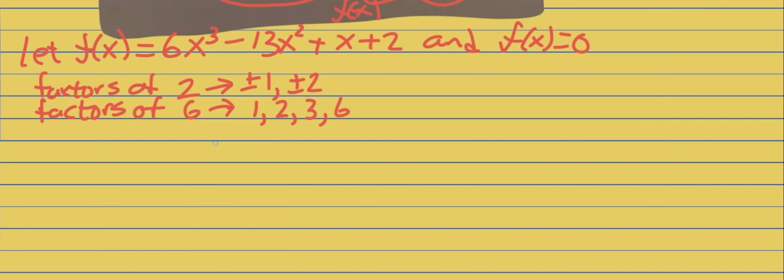In other words, the values we will use for trial and error to see if this polynomial equals 0 are each factor of the constant, including the negative ones, over each factor of the leading coefficient.